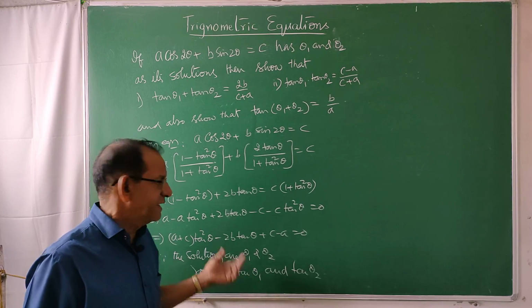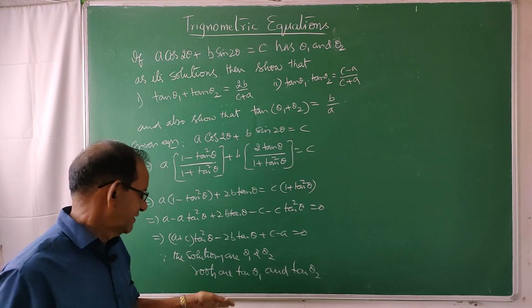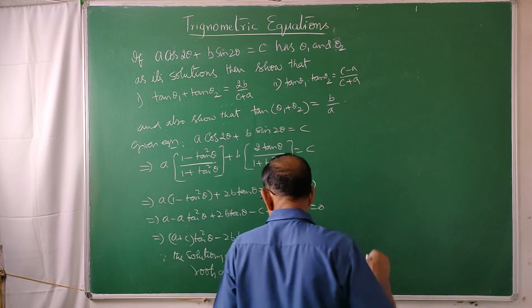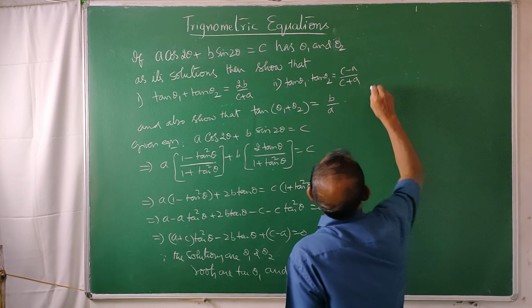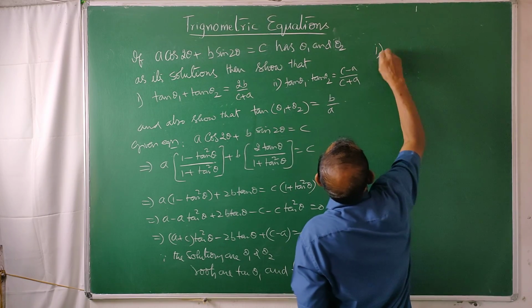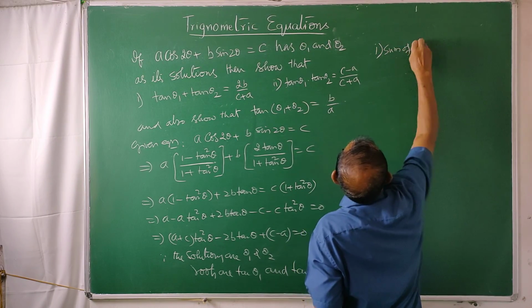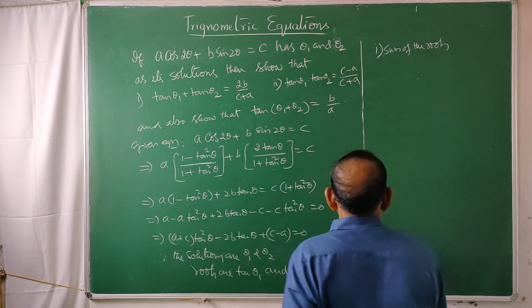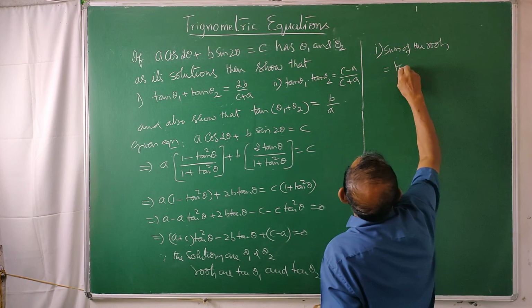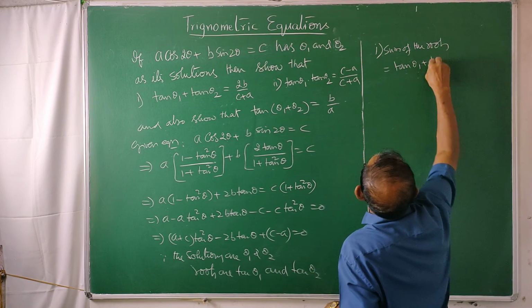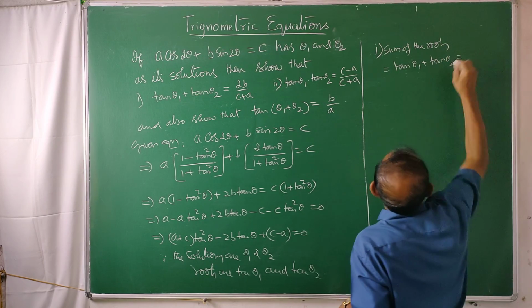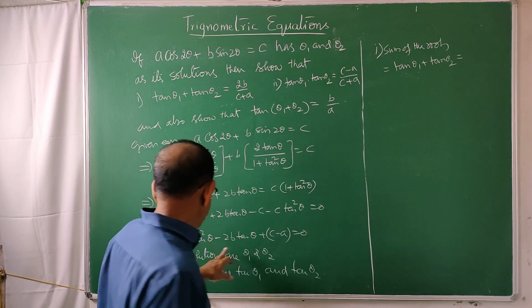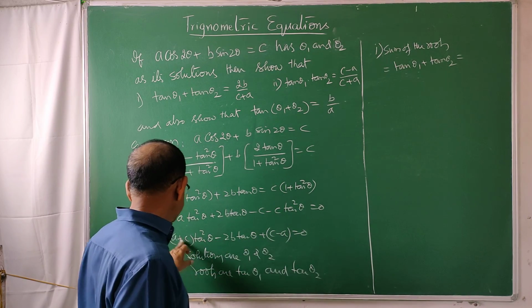Now let us find the sum of the roots. M1 plus M2 is minus B by A, M1 M2 is C by A. Sum of the roots: tan theta 1 plus tan theta 2 is equal to minus B by A. Here B is minus 2b, and A is c plus a.